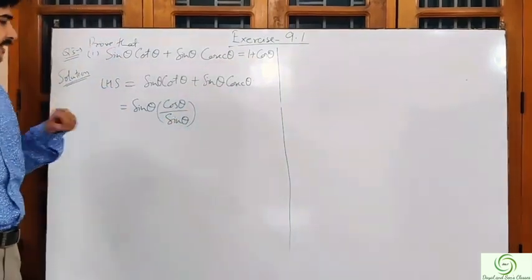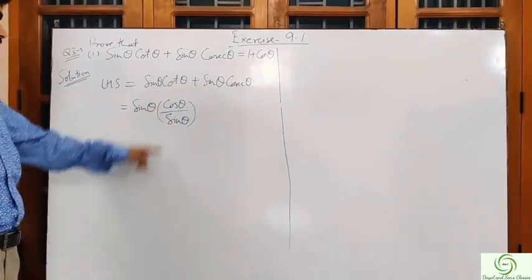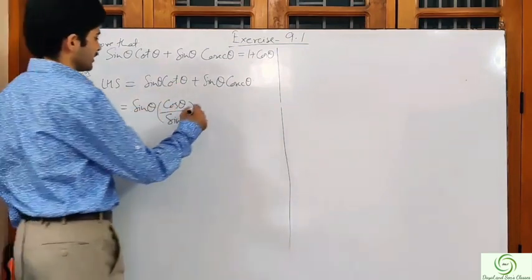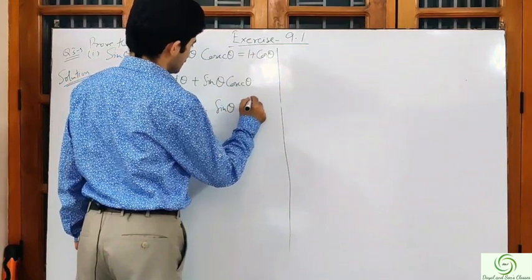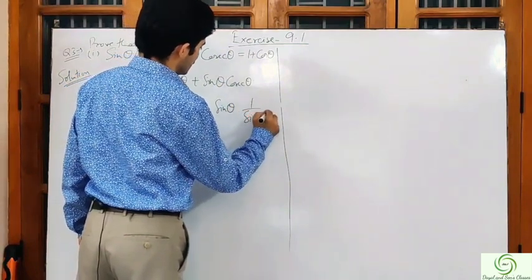In place of cot theta I can write cos theta upon sin theta, since we know that cot theta is equal to cos theta upon sin theta, plus sin theta into 1 upon sin theta.